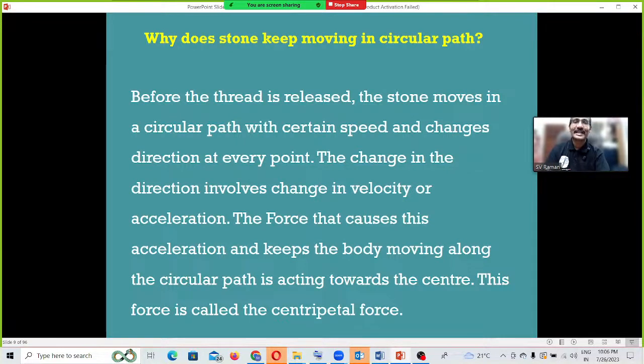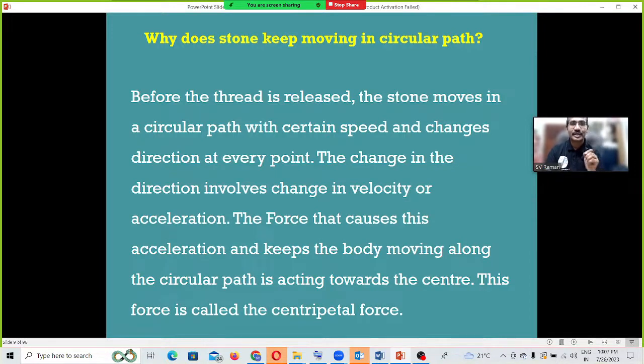Before the thread is released, the stone moves in a circular path with a certain speed and changes direction at every point. The change in direction involves the change in velocity or acceleration. The force that causes this acceleration and keeps the body moving along the circular path is acting towards the center. This force is called centripetal force.